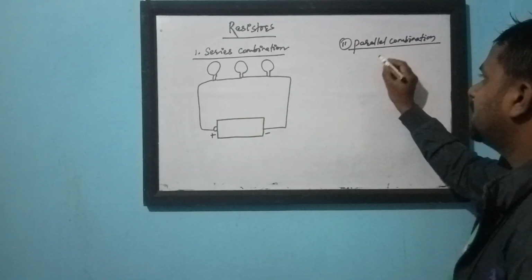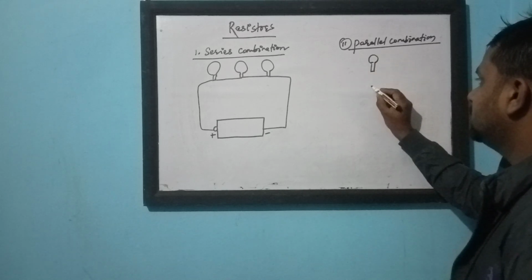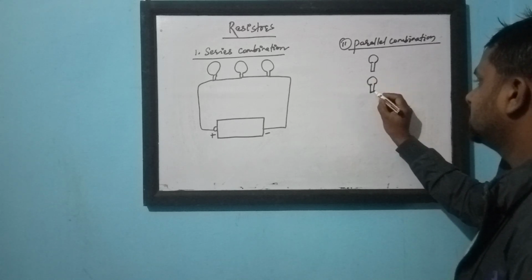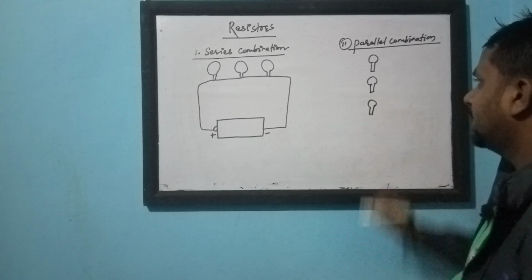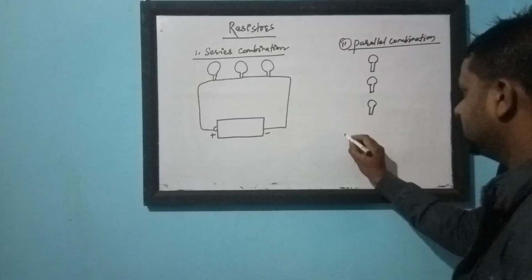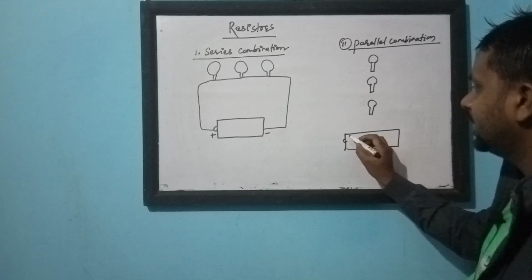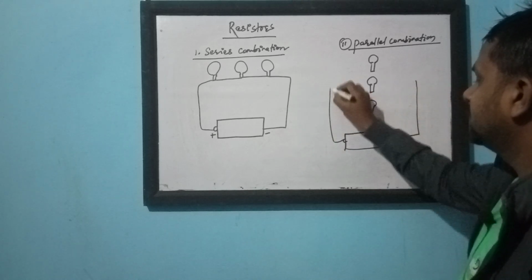Let us see what is parallel combination. If this is one bulb, this is another bulb, and this is another bulb. Suppose here is a cell. Okay, we are connecting. Suppose current is going like this.